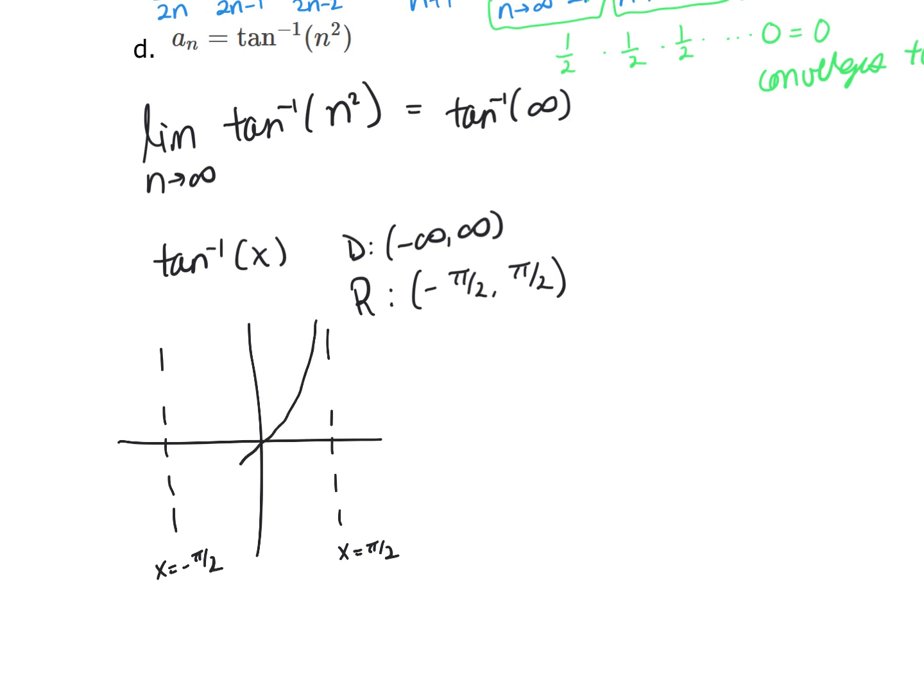And this is what the tangent graph looks like. Now, if I am asked to evaluate the tangent inverse of negative or positive infinity, that means I must be approaching this vertical asymptote, which means my answer is simply pi over 2. So this one does converge, and it converges to pi over 2.